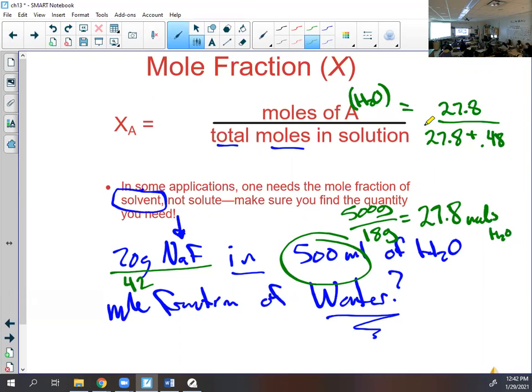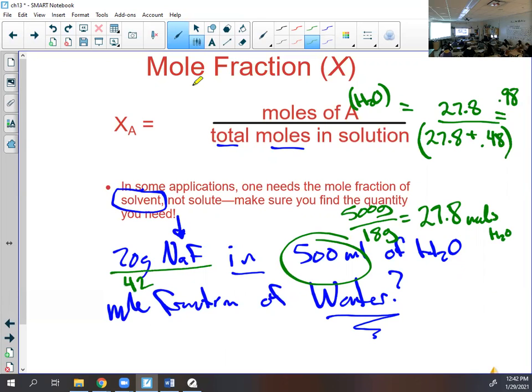These are the total moles right here. This is the moles of A, and I put an equal sign. 0.98. All right. What would be the mole fraction of the solute then? 0.17, or in this case, 0.02 because of my rounding.